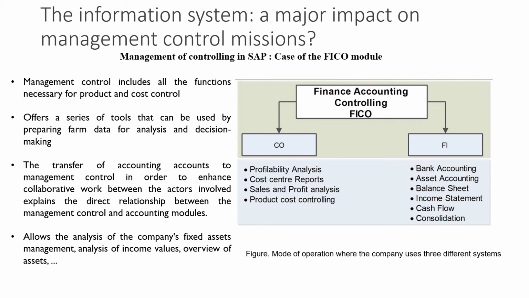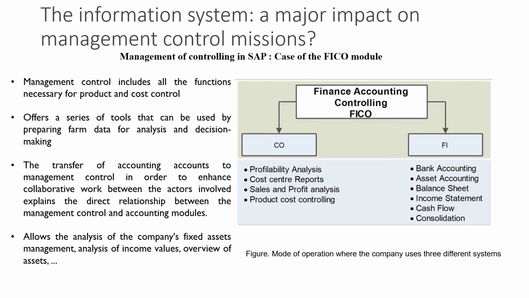The controlling is divided into profitability analysis, profit center analysis, and cost controlling. And the finance accounting covers bank accounting, asset accounting, balance sheets, income statements, cash flow, and consolidations.